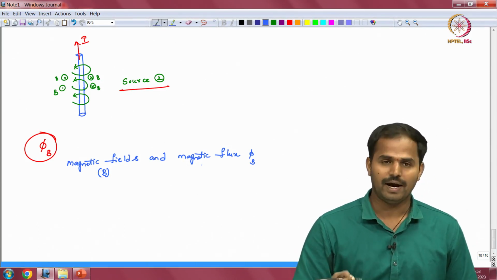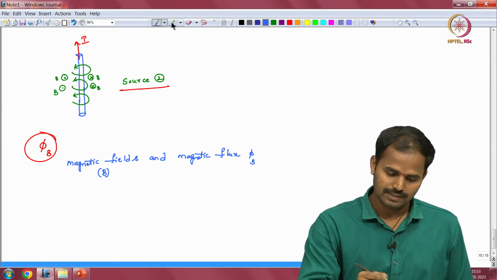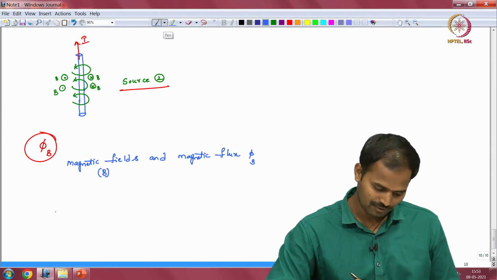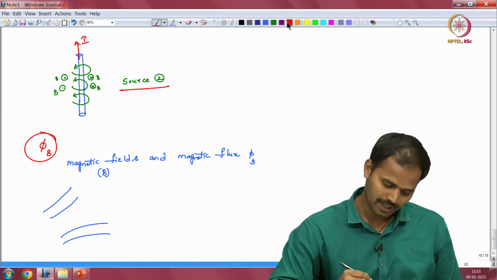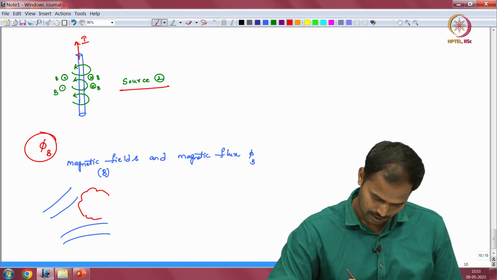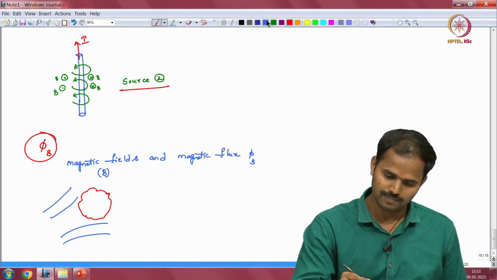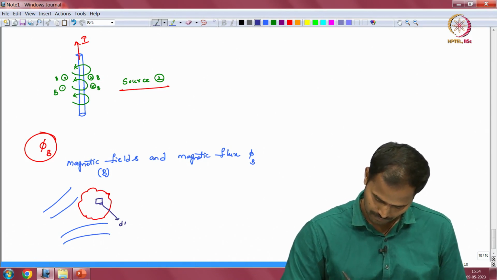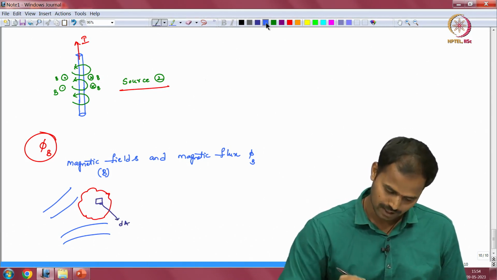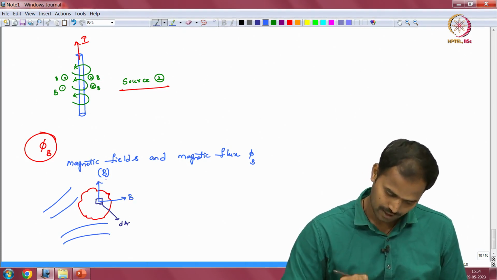In order to find the relation between B and phi, we consider the magnetic flux lines flowing in this manner, and consider an arbitrary surface or area, any closed area we can take in this manner. From here I am taking a small portion dA, and the B fields are in the same direction, and I am considering a unit normal, that is n cap.